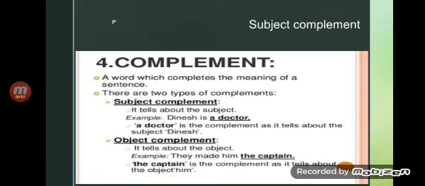I am repeating that a subject complement is a word that usually comes after a linking verb. It describes the subject of a sentence.